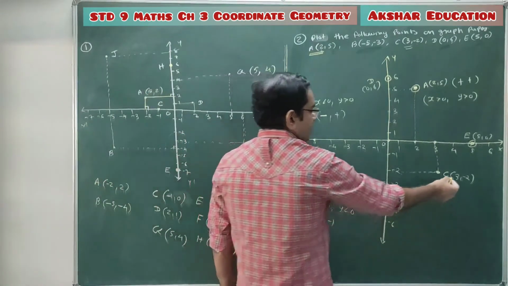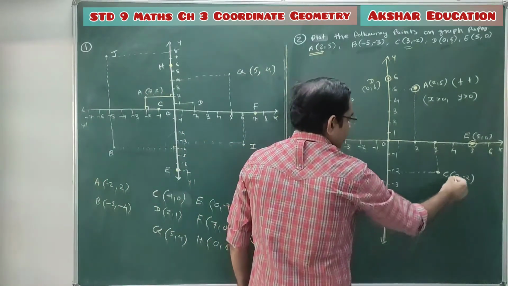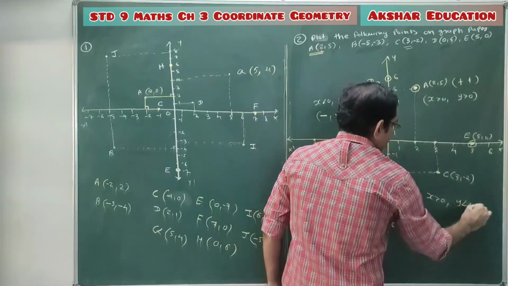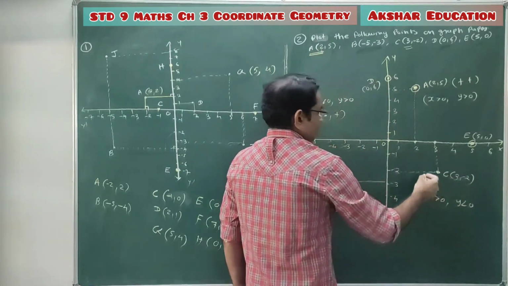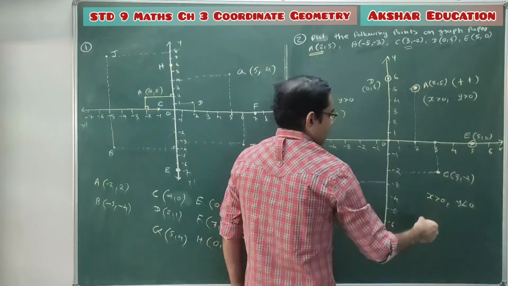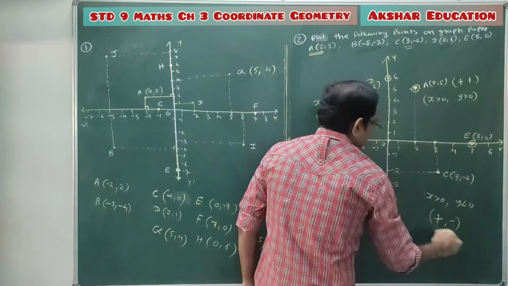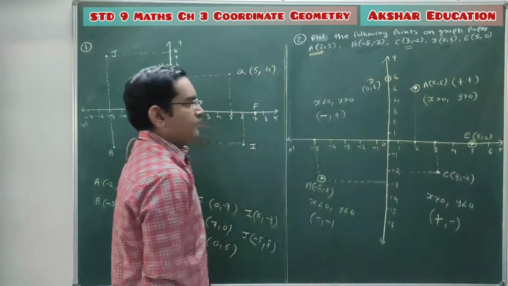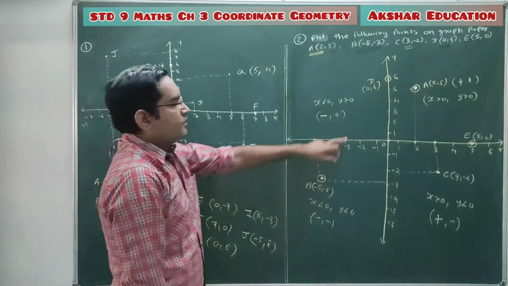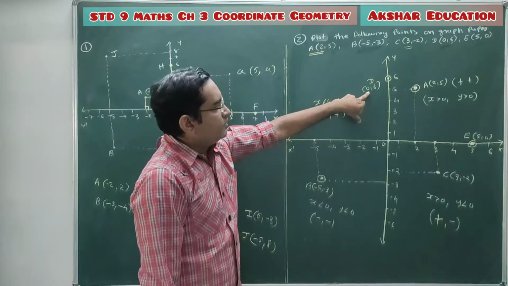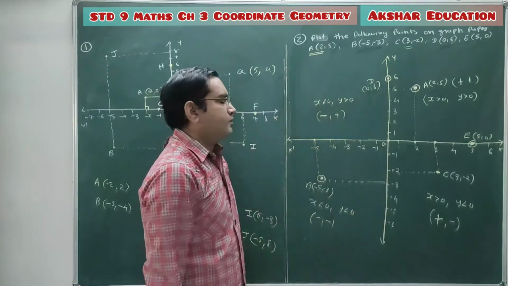And this point C lies in the fourth quadrant. So here x coordinate is greater than 0 and y coordinate is less than 0. Any point which lies in the fourth quadrant has a positive x coordinate and a negative y coordinate. Clear, students? This point lies on the y axis, so any point on the y axis has x coordinate always 0.